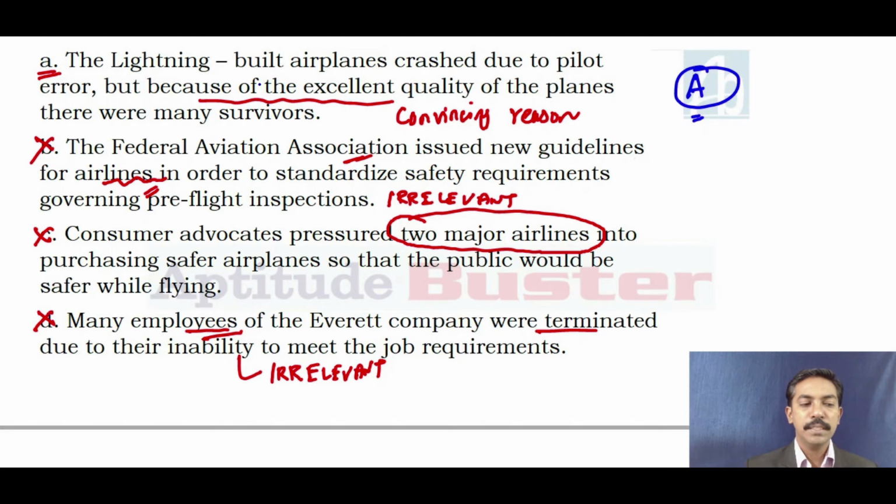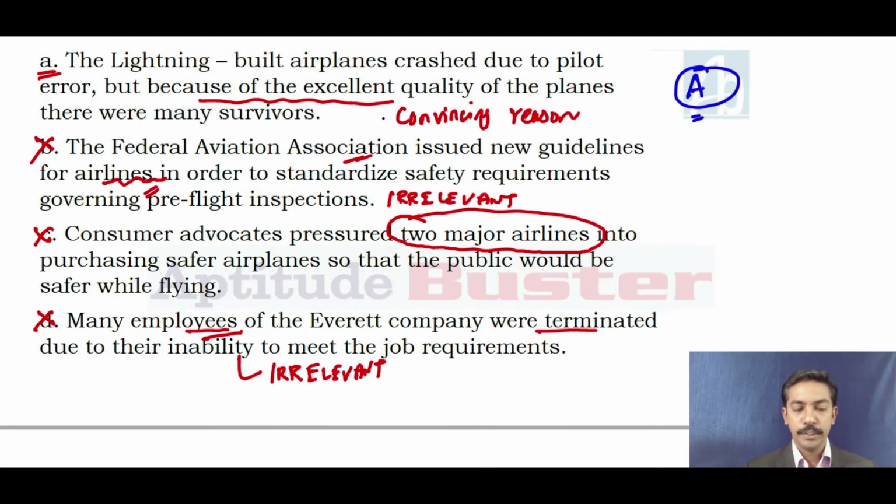How? Because it says the lightning built airplanes crashed due to pilot error, but because of the excellent quality of the planes, there were many survivors. So option A provides a reason why Everett decided to buy the same lightning built airplane. The reason is they decided to buy the same plane because this plane was made of excellent quality, due to which there were many survivors.